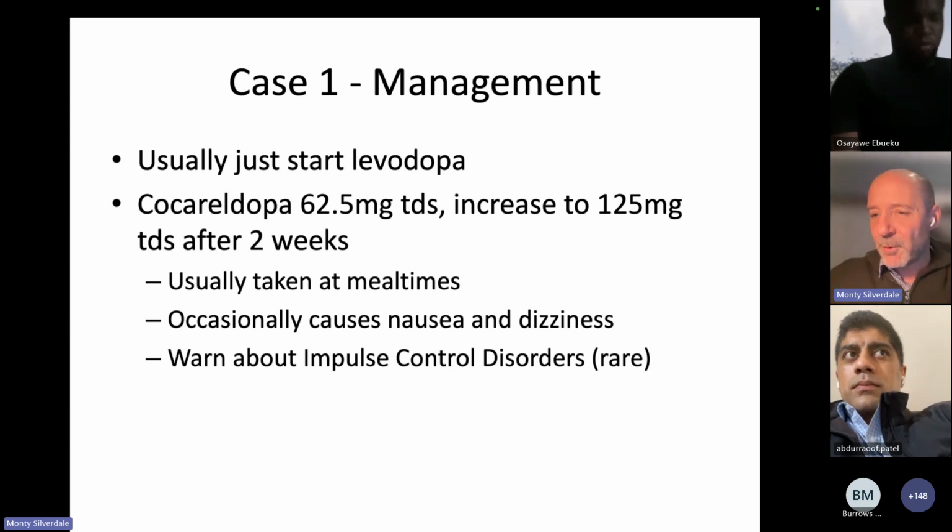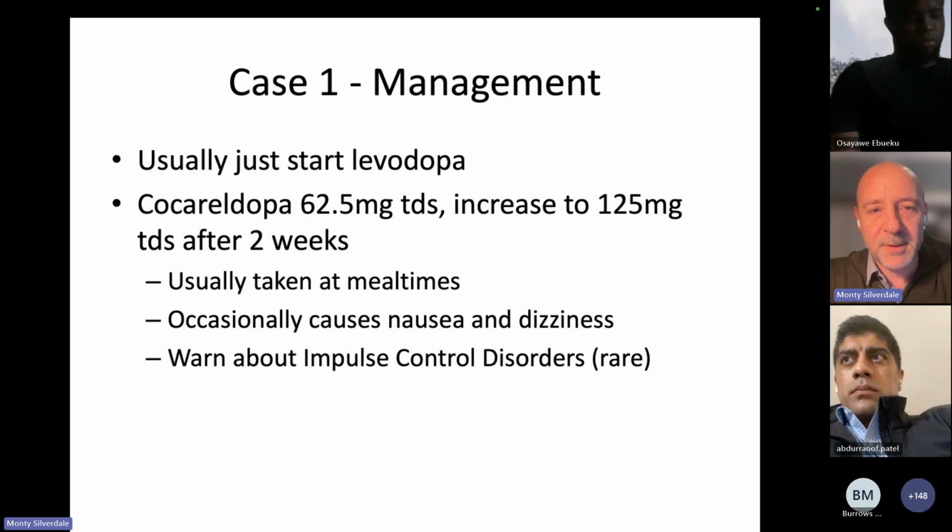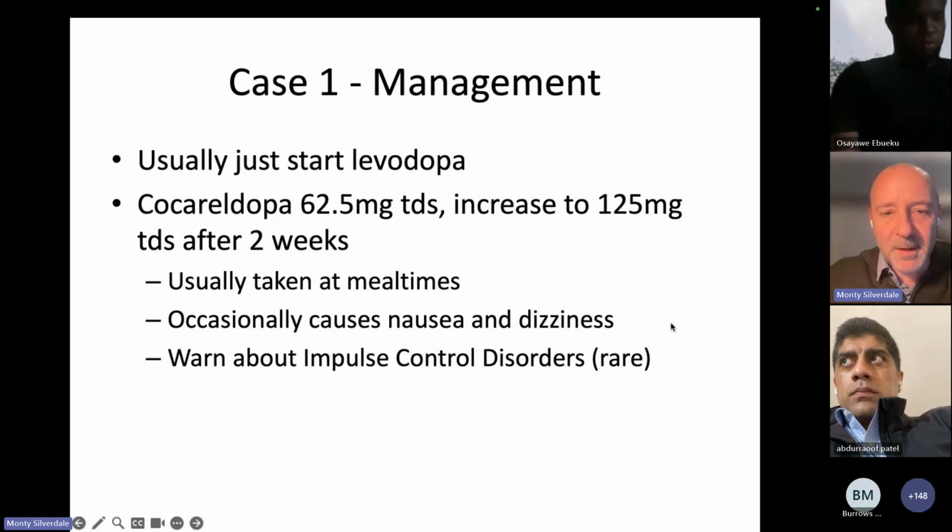And neurology at the moment has waits of more than a year in some cases. So I think it's fine to start co-careldopa rather than waiting ridiculous amounts of time to see a neurologist, if you're completely sure about the diagnosis, if the clinical signs are pretty clear. A lot of the time, GPs refer, and there are big long waits to see us.